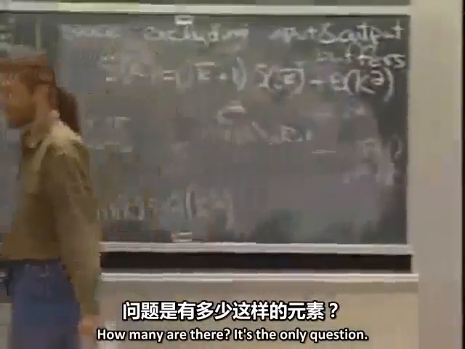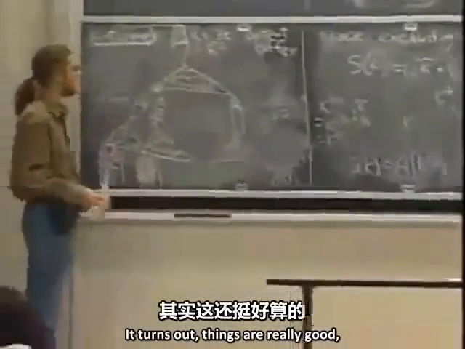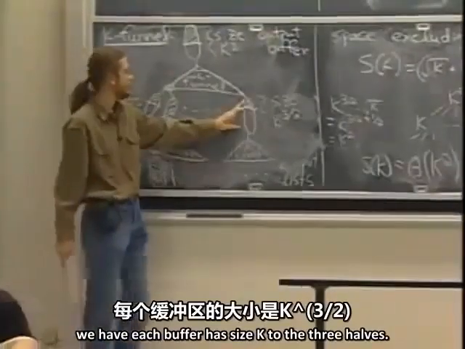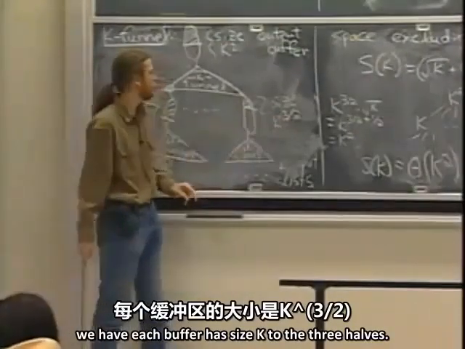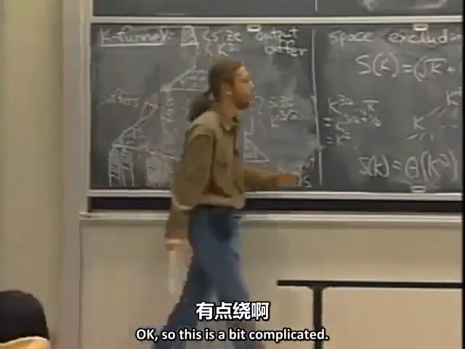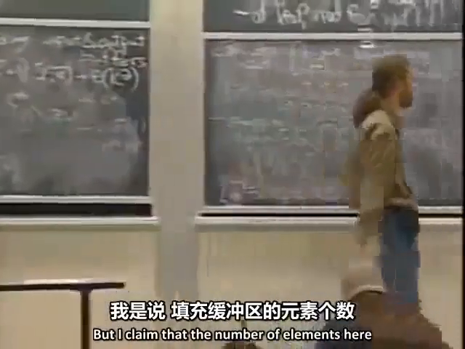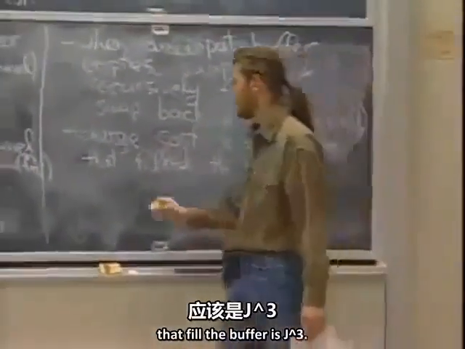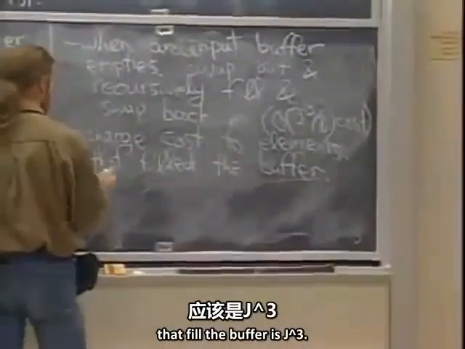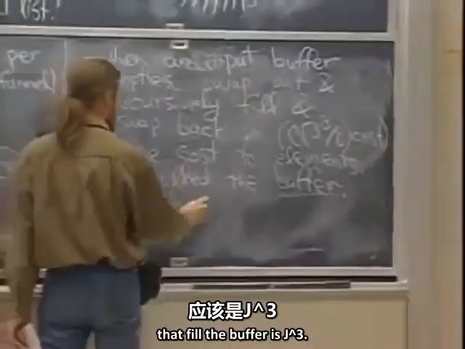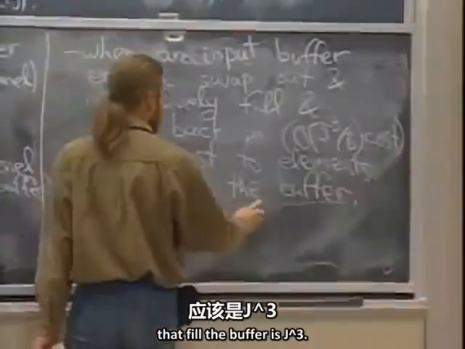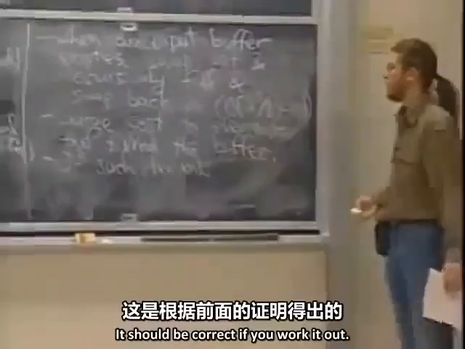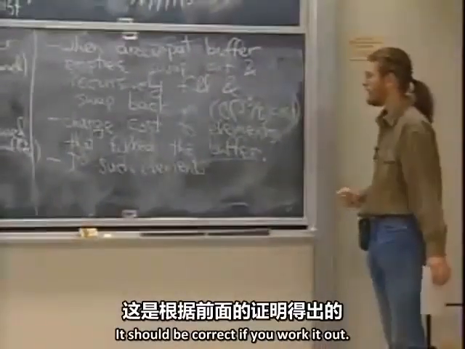Is the only question. It turns out things are really good. Like here for square root of k funnel, each buffer has size k to the 3/2. Okay, so this is a bit complicated. But I claim that the number of elements here that fill the buffer is j cubed. So if you have a j funnel, each of the input buffers has size j cubed. Should be correct if you work it out.